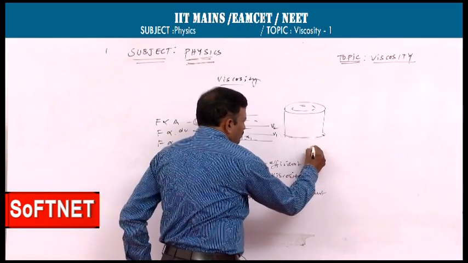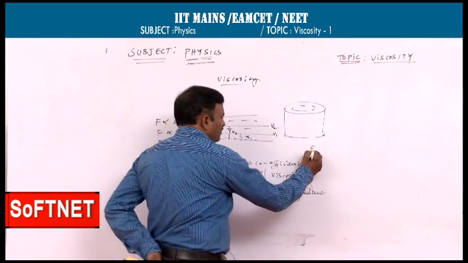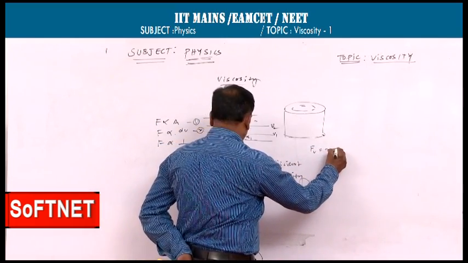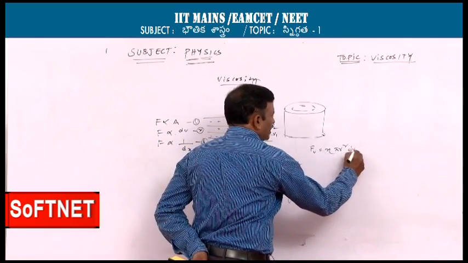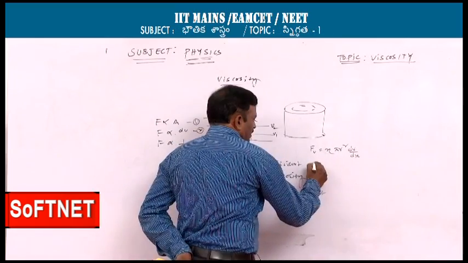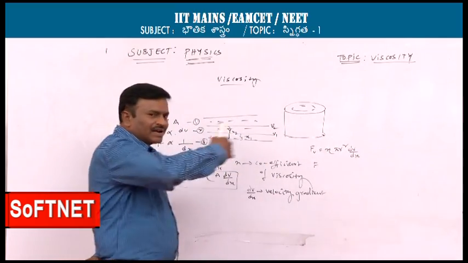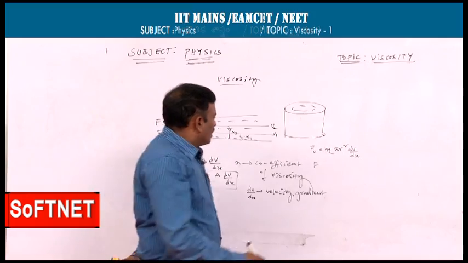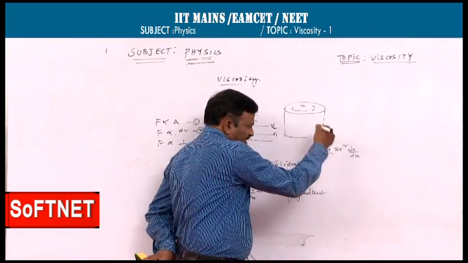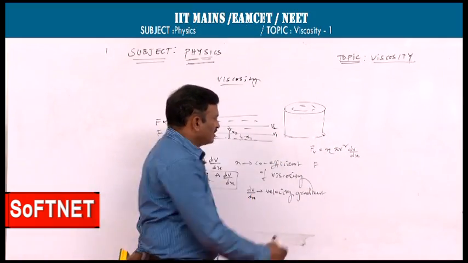So from an application point of view, Fv is equal to eta pi r square into dV by dx. Here the circular cross section of the liquid is given while flowing, so the area is pi r square.